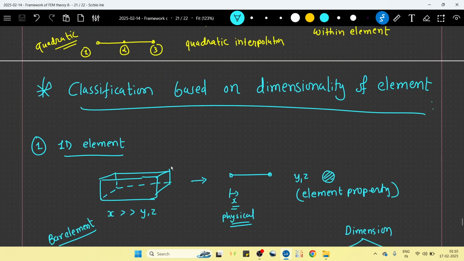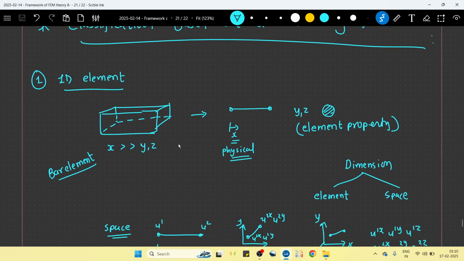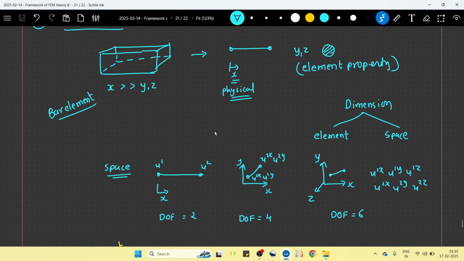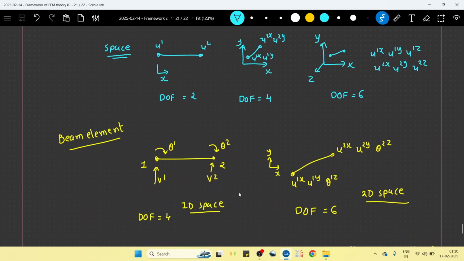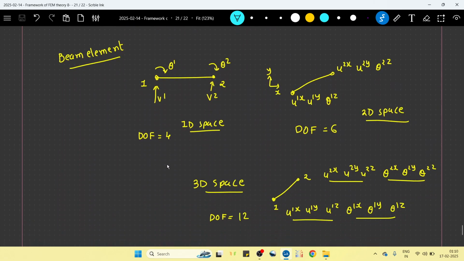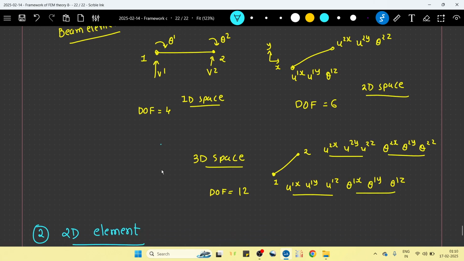One is linear, another is quadratic. For example, this bar element in 1D can be linear and quadratic, okay, with three nodes. Similarly, beam element can be a two noded element or three noded element. If it is a three noded element, it's a quadratic beam element.